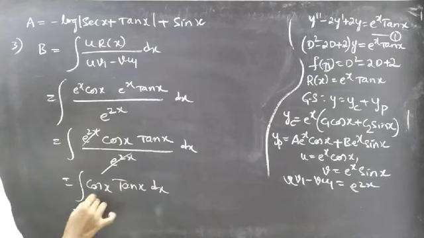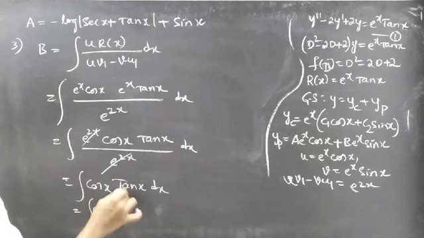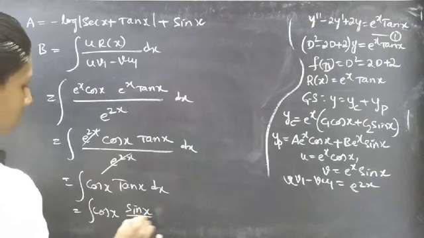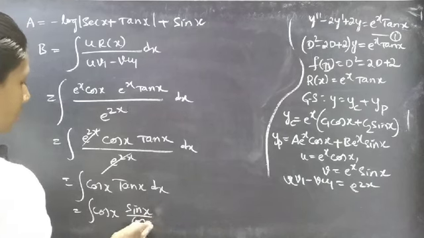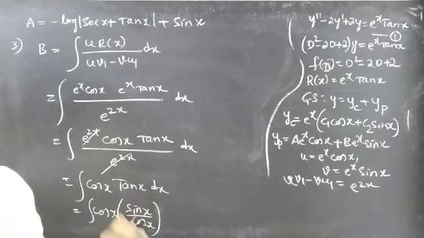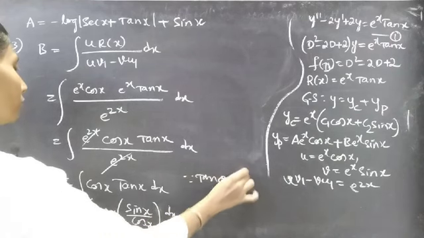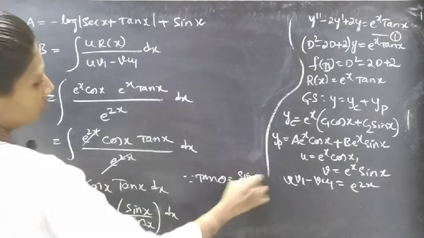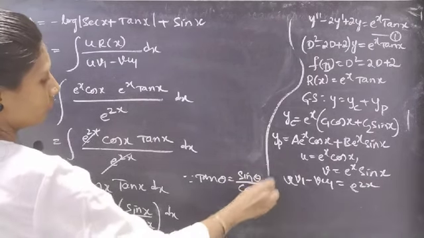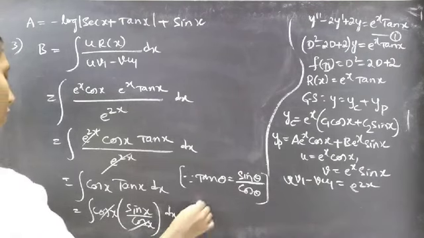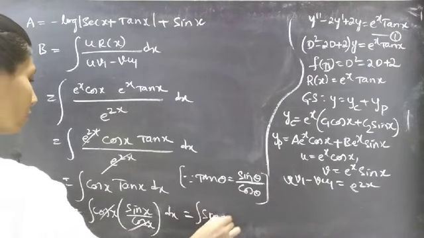This is equal to integral cos x. We can write tan x as sin x by cos x, since tan theta equals sin theta by cos theta. Here cos x gets cancelled and we'll get integral sin x dx.